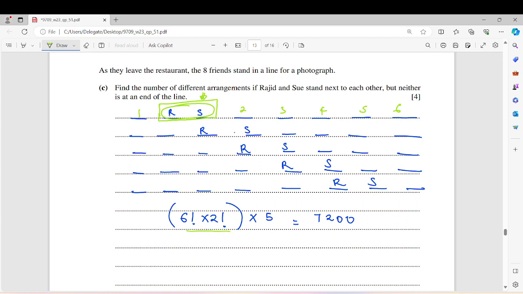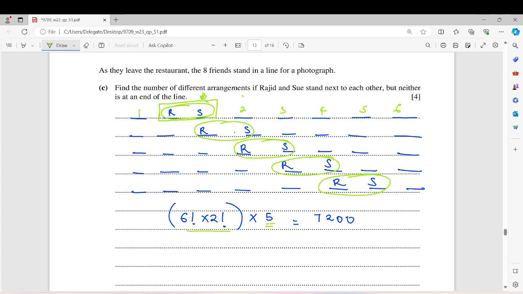And remember, either they can be together here, or in this position, or in that position, or in that position. And we see how many places they can be, because they said they are neither at the end of the line, and this can be done in 5 ways.